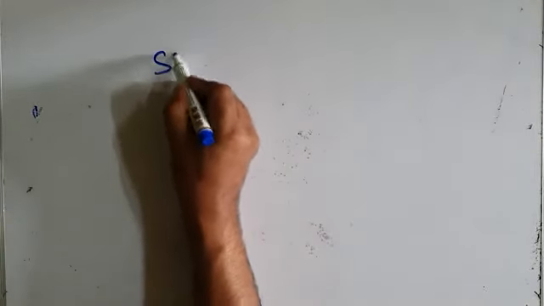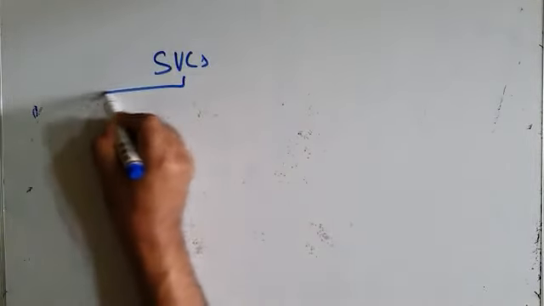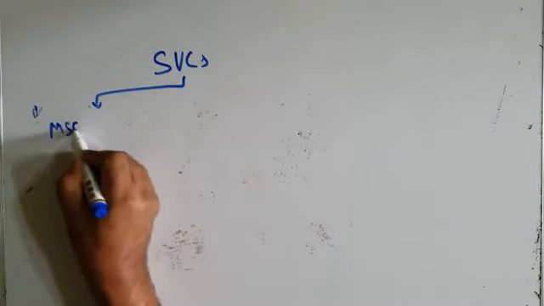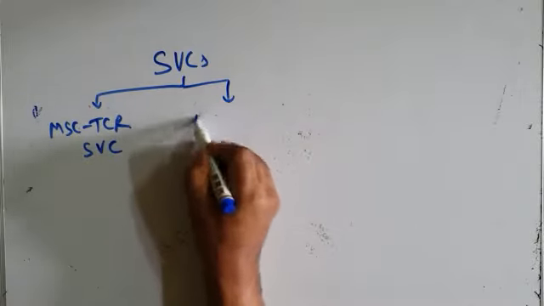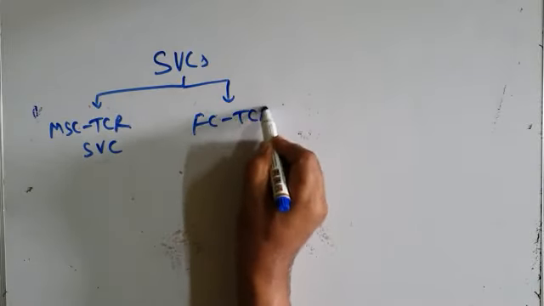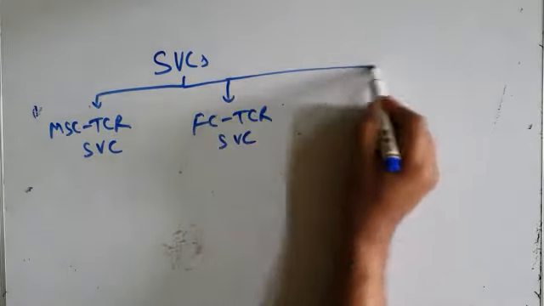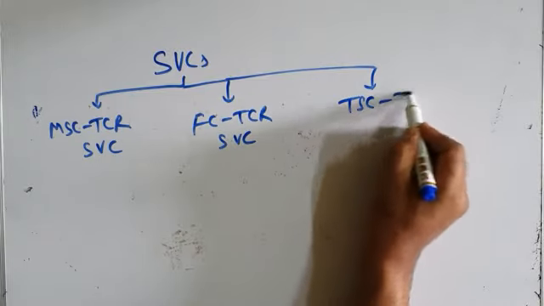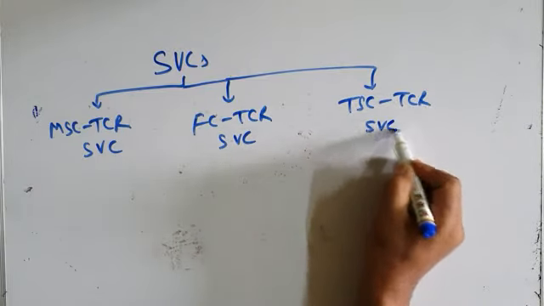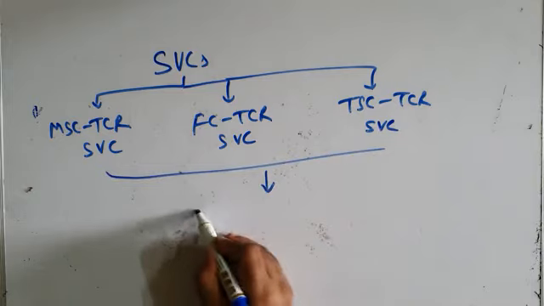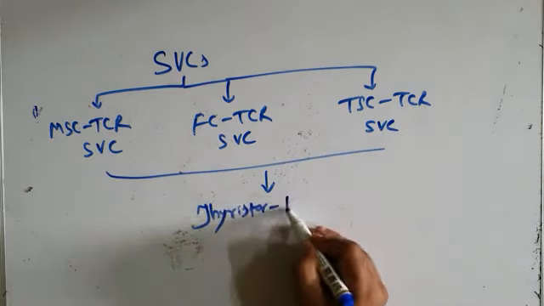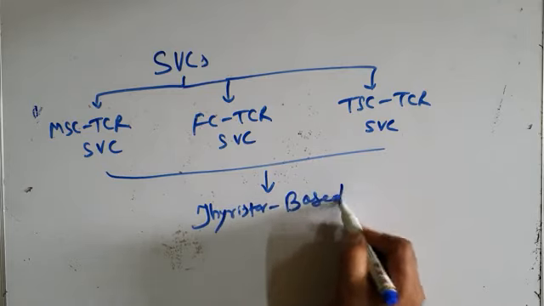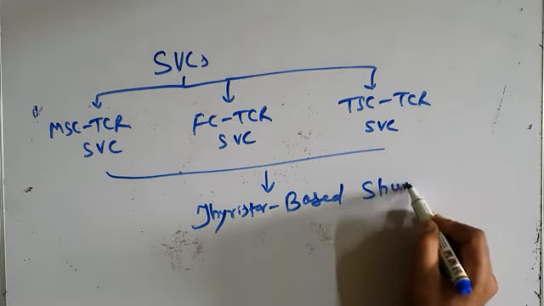Actually, the 3 types of SVCs that we have discussed, that is MSC TCR SVC, the second one FC TCR SVC, and the third type TSC TCR SVC, are all thyristor-based shunt compensators.